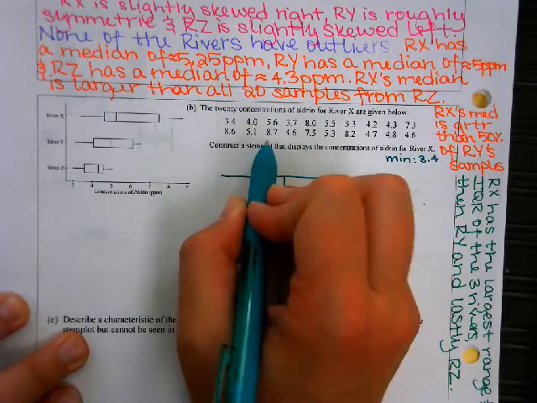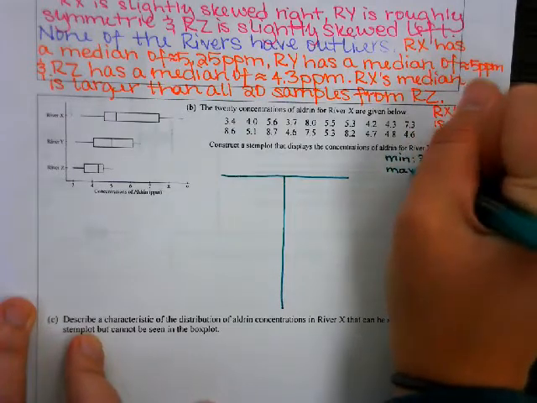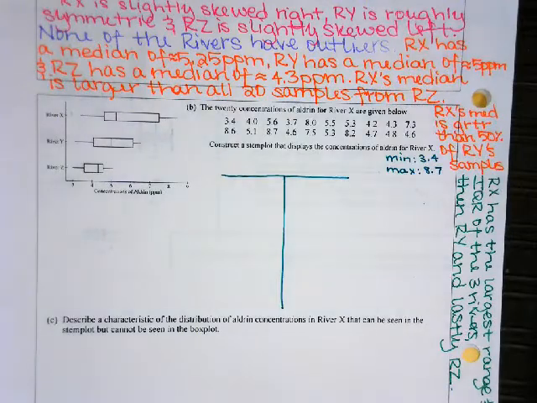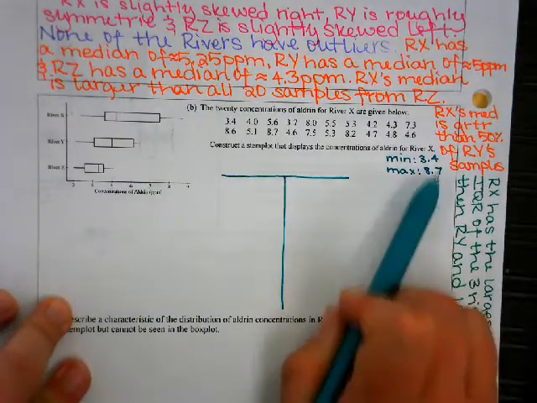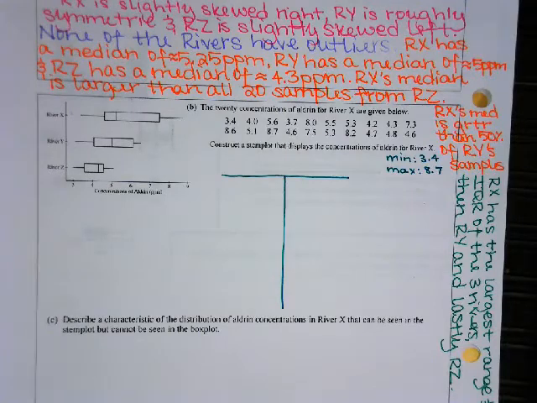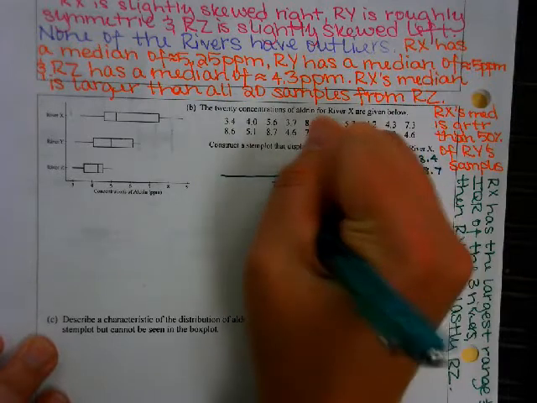I think that making the stems the ones place and then the leaves the decimals is a good way to make our stem plot here. So I need to go 3 to 8. So 3, 4, 5, 6, 7, 8.